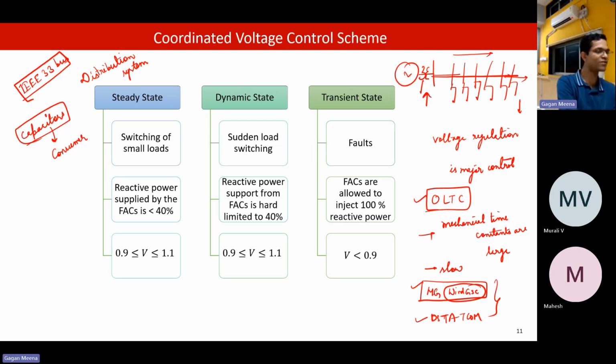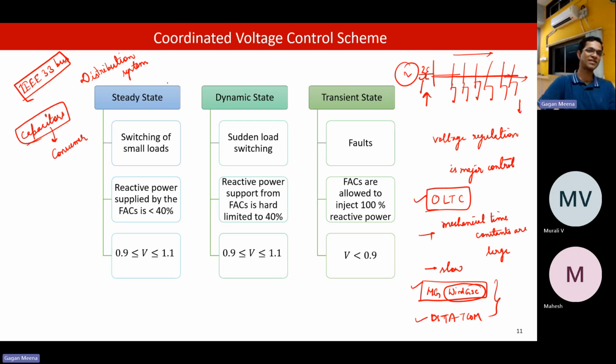The OLTC boosts the voltage by changing the tap. It's not altering the reactive power as such. But other devices are trying to inject reactive power to boost the voltage.